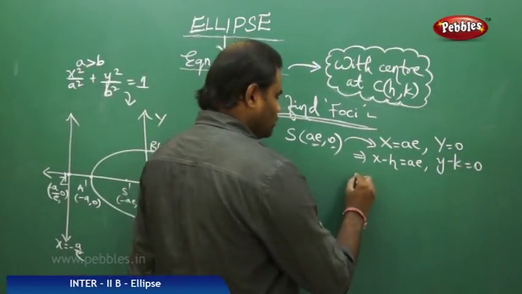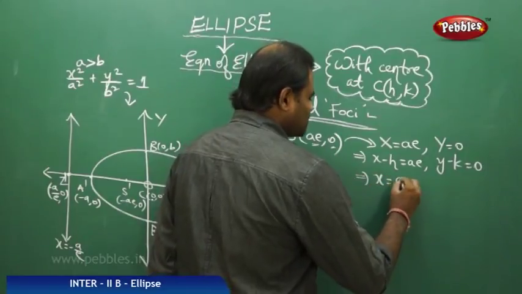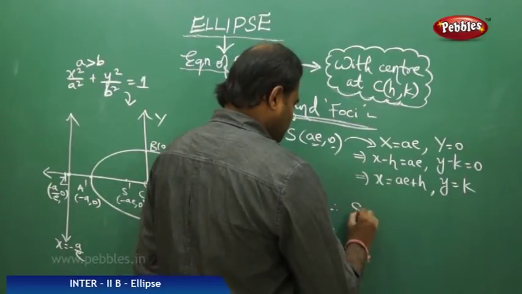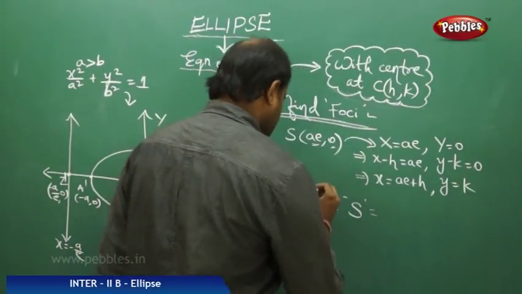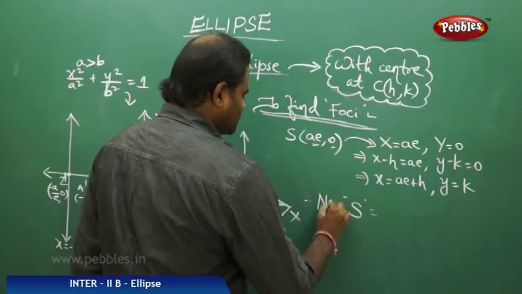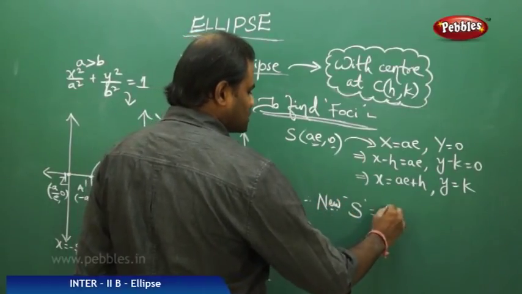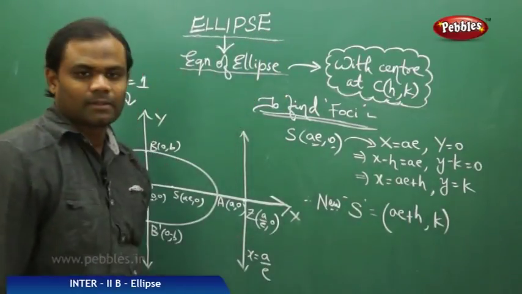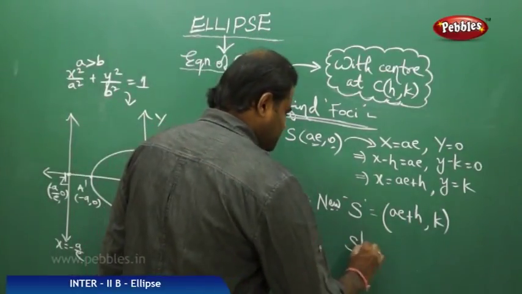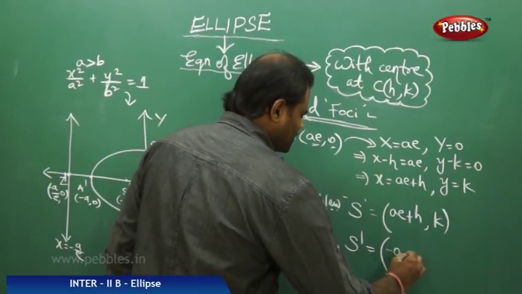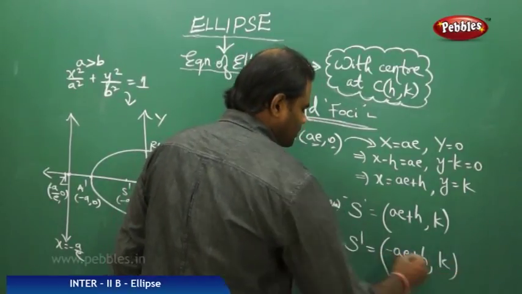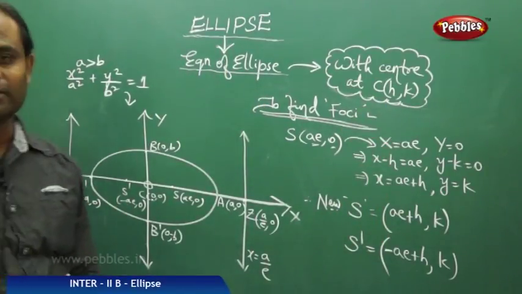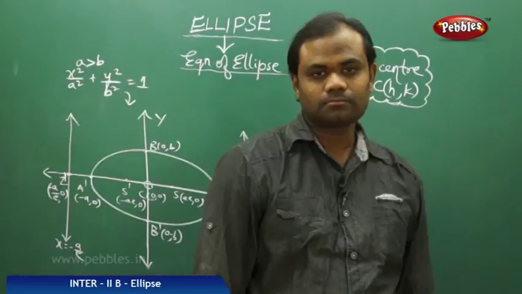Therefore I get my new coordinates as x equals ae plus h and y equal to k. Therefore the new transformed focus is (ae plus h, k). Similarly, my S dash will be (minus ae plus h, k), which is what I get for the new coordinates of the transformed equation of the ellipse.